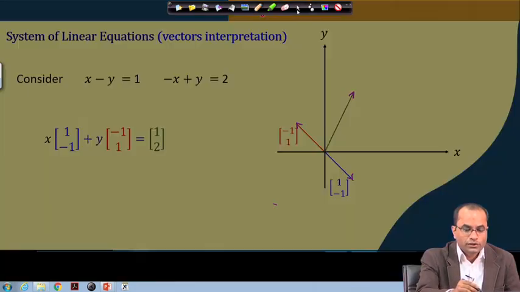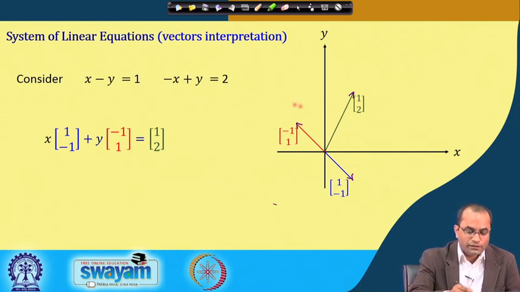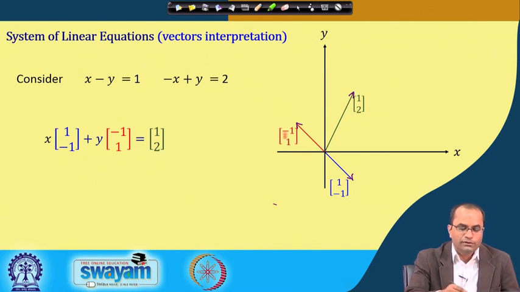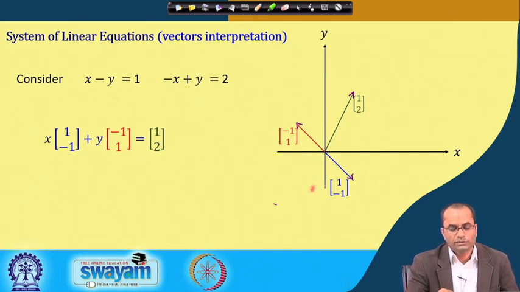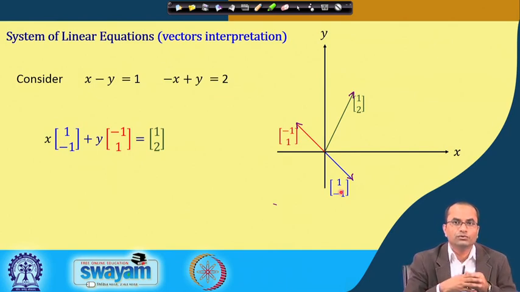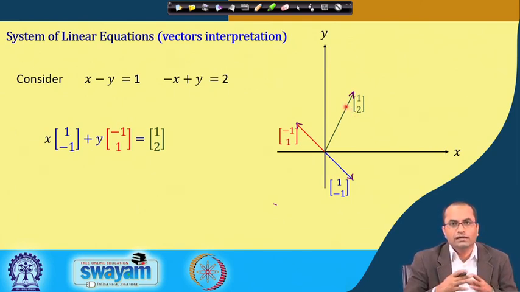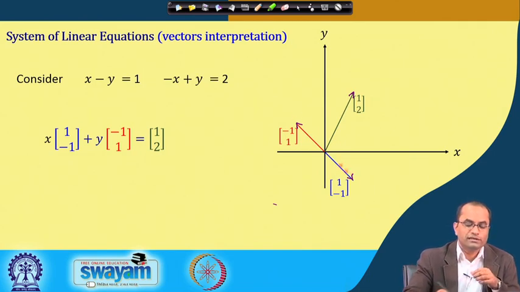Now the question is, can we, by multiplying some number to the vector (minus 1, 1), and multiplying some number to the vector (1, minus 1), add these two to get the vector (1, 2)? It is clearly visible here that this is not possible, because these two vectors are parallel.